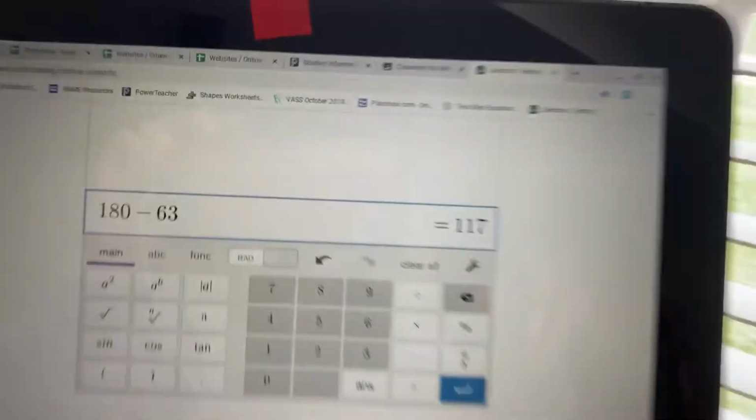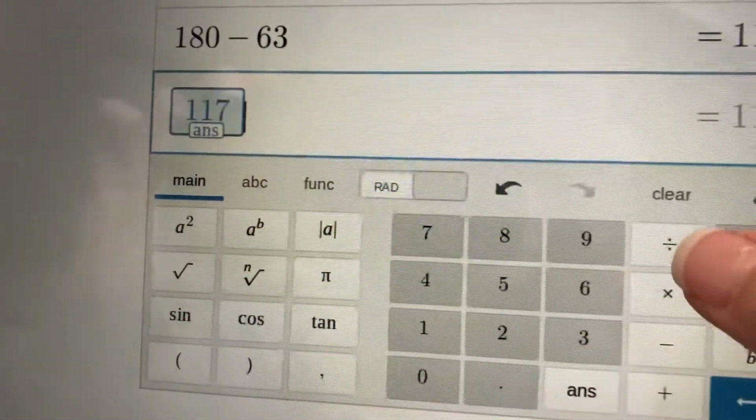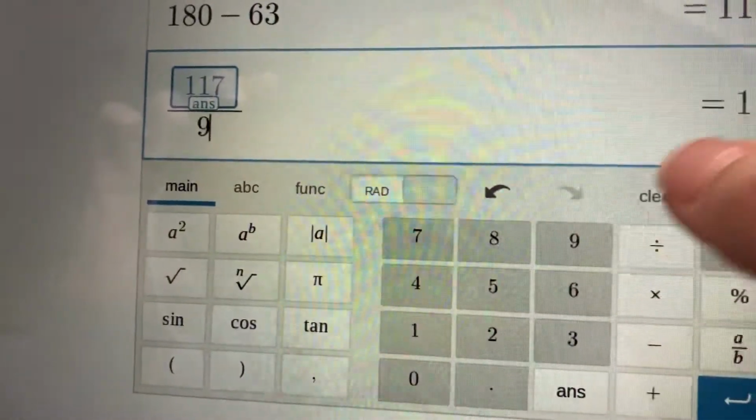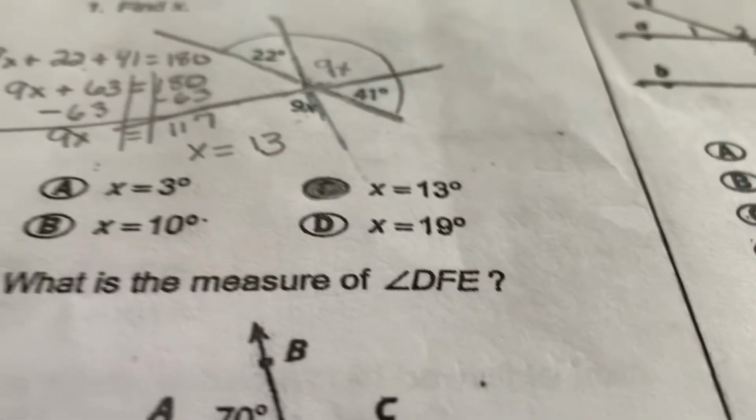And then we're going to take our answer and we're going to divide it by 9. And we can see that the answer is 13. So x equals 13. So we're going to choose C because we're just finding the value of x. X is 13. All right.